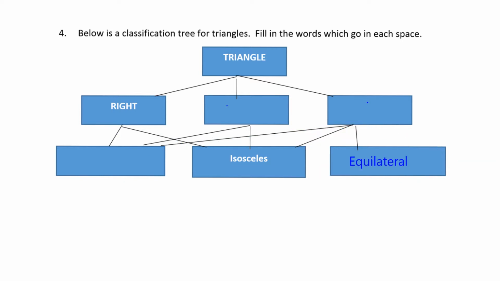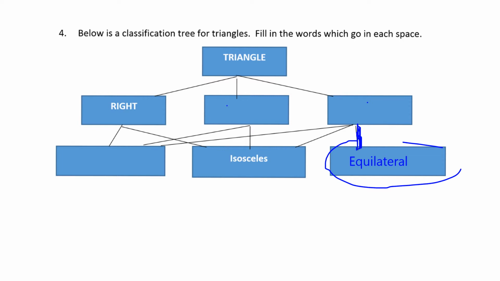There we go. And once again, we made that the equilateral triangle because it only has one thing coming to it. And the only thing that can make the equilateral triangle is an acute triangle. So I know if that's the only one going to this box here, then this must be the acute triangle. And the reason why is an equilateral triangle has 60, 60, 60 degree angles, right?